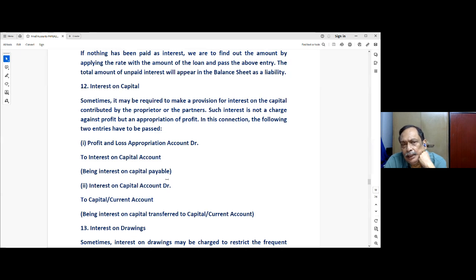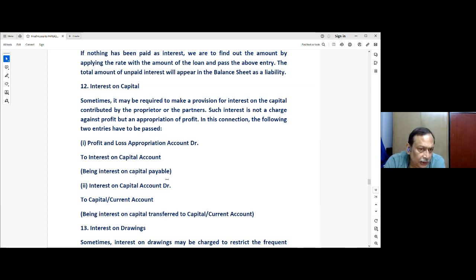Sometimes it may be required to make a provision for interest on the capital contributed by the proprietor or the partners. Such interest is not a charge against profit, but a provision. And for this reason, we are required to pass two entries.